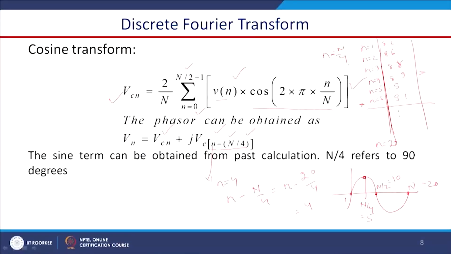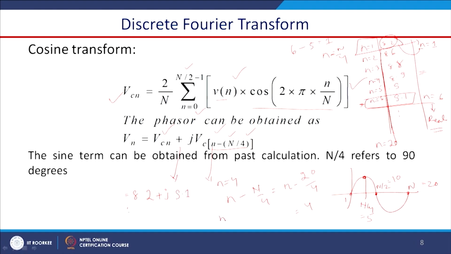So, here is my n minus n by 4, that is 6 minus 5, equal to 1. So, this sample should be taken into consideration. If I am starting from here, n is equal to 6, this is my real part sample value, and for the imaginary part my sample position will be 1, and this 8.2 is the corresponding sample value. So for n is equal to 6, it should be 8.2 plus j 9.1 and so on.